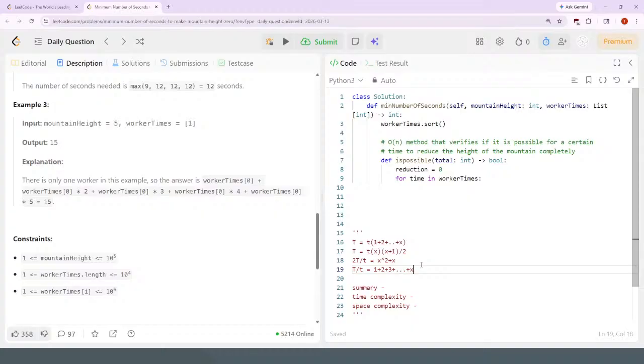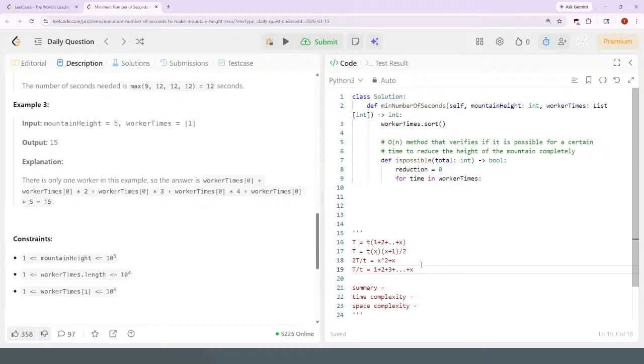If I can make that into an array whose values are the summation of the partial series, and I search for the value that is the quotient of total time divided by t in that array, that would approximate x. x would be the index within that.